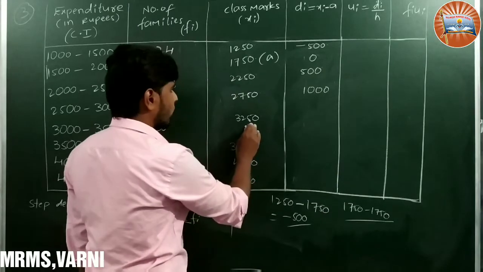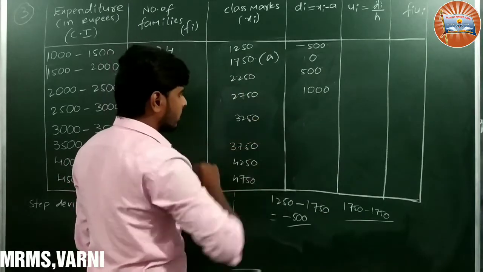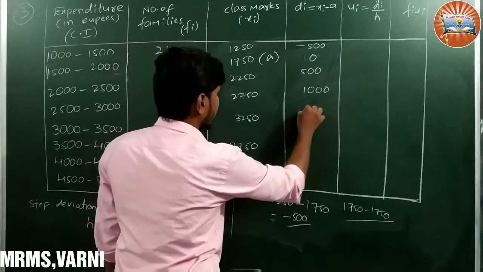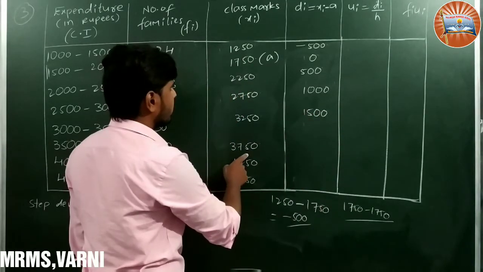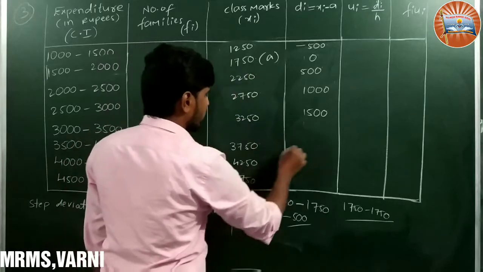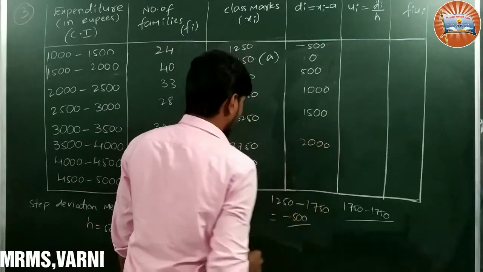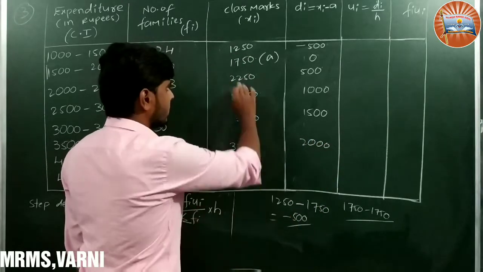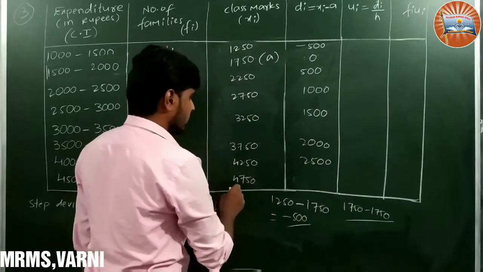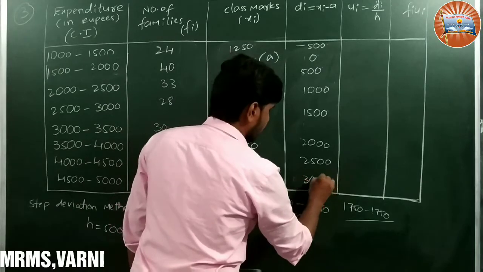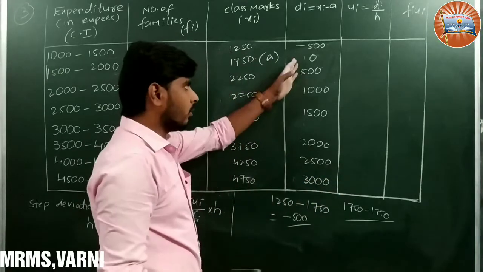Next, 3250 minus 1750 is nothing but 1500. 3750 minus 1750 is 2000. And 4250 minus 1750 is 2500. Then 3000. These are the deviations.